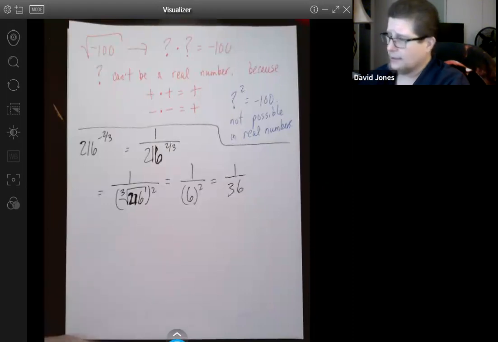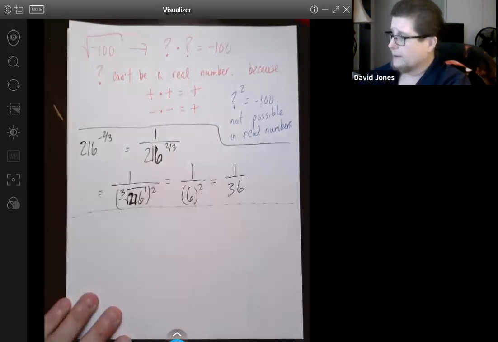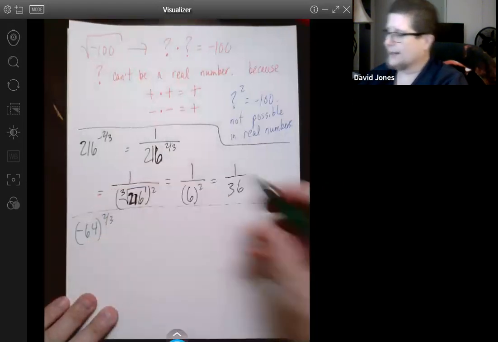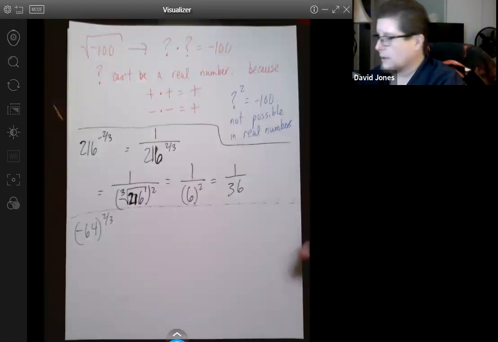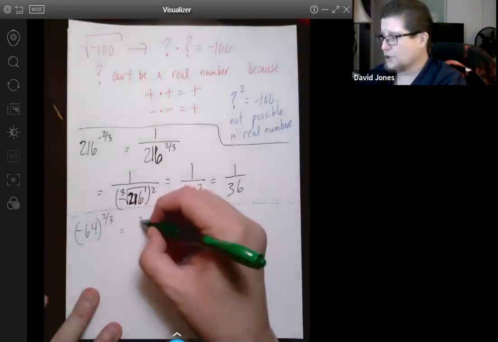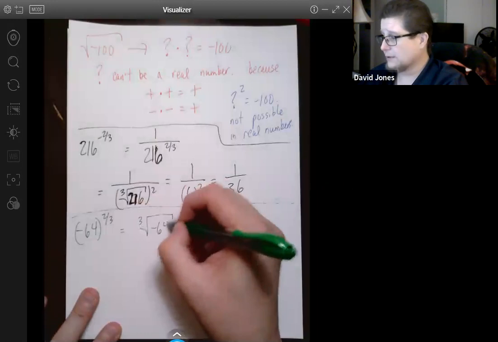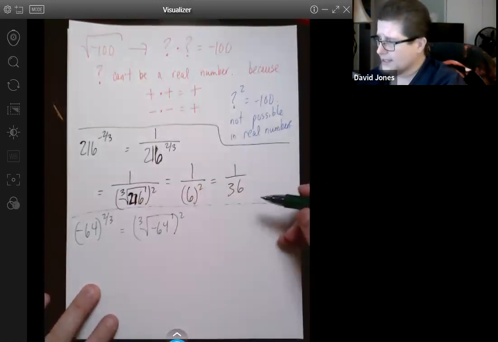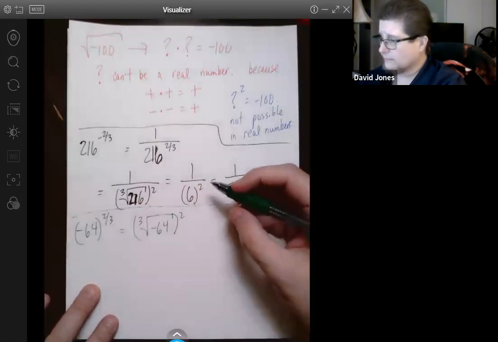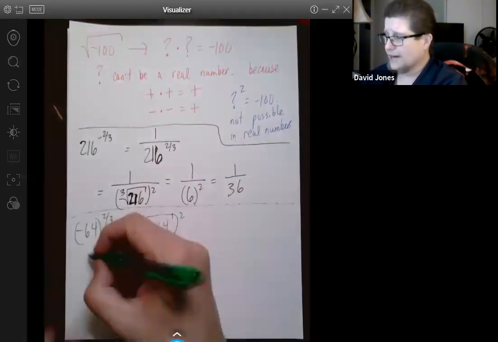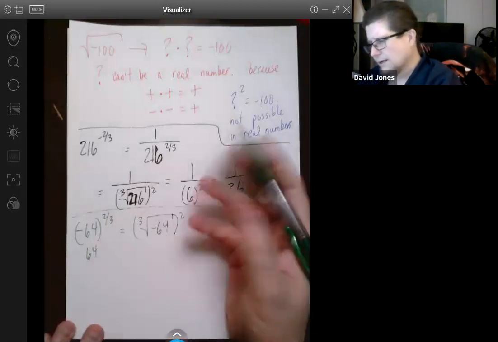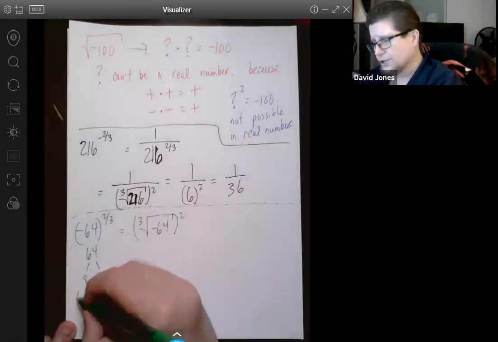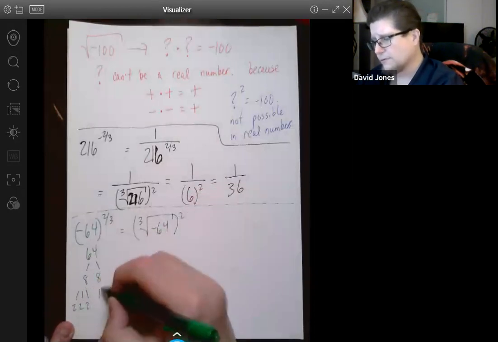Versus our other example, let's do negative 64. Let's put the negative in there, and we've got that. I can make this the cube root of negative 64 squared. And 64, just factor real quick. 8 times 8, which is 2 times 2 times 2 and 2 times 2 times 2.